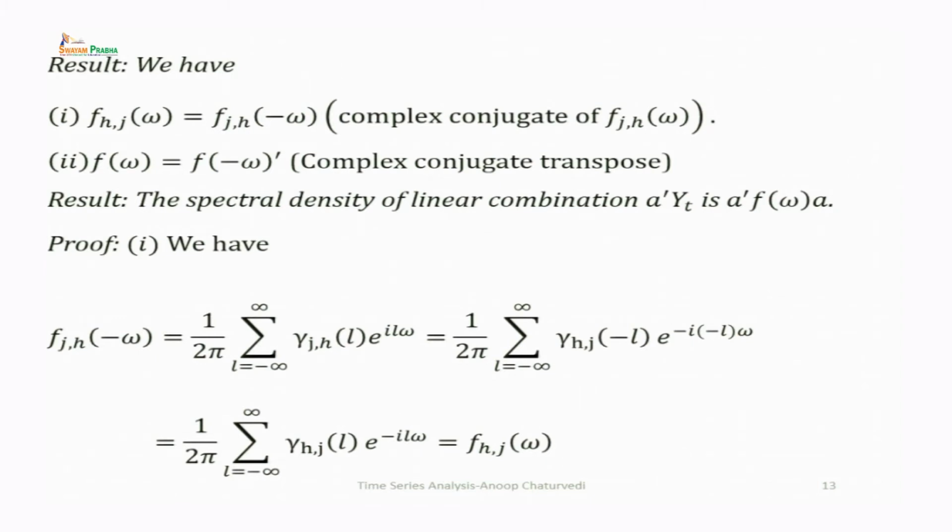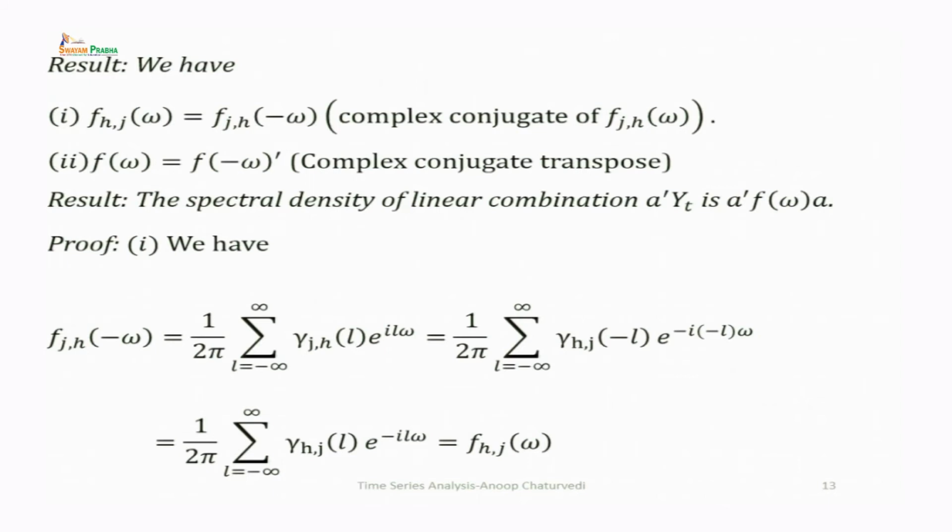So, this is equal to 1 upon 2 pi summation L equal to minus infinity to plus infinity gamma_hj(L) e to the power minus i L omega, where you just write minus L equal to L dash, say, then you get this expression, and this is equal to f_hj(omega). So, we get the first result.